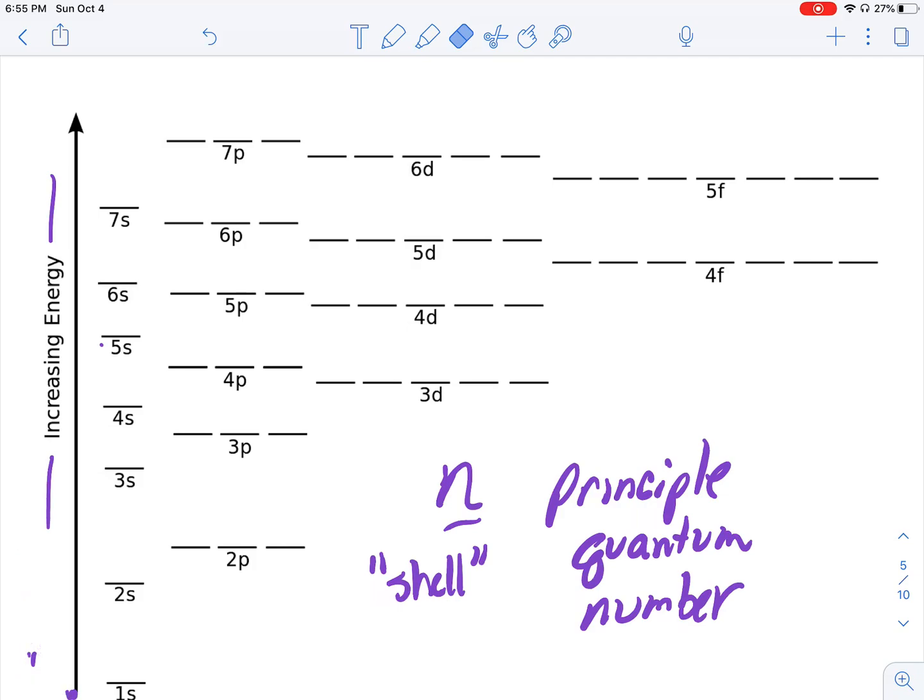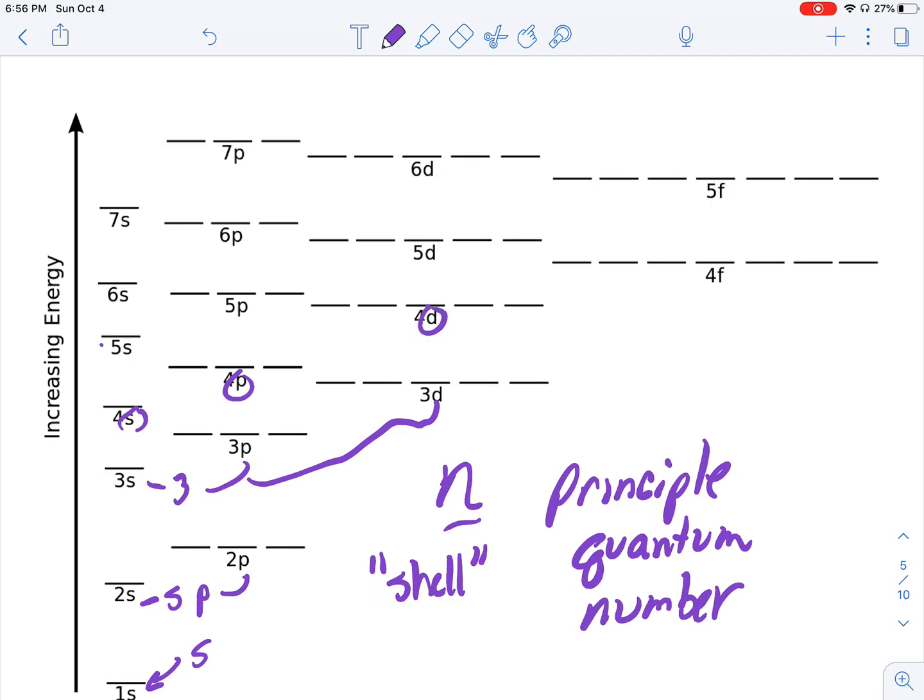So closer to the nucleus, even though we're still, the marble in football stadium analogy, there's less space. So principal quantum number 1 only has room for an S sublevel. The second principal quantum level has enough room for an S and a P. And the third principal quantum level has room for an S, a P, and a D. And the fourth has S, P, D, and F.